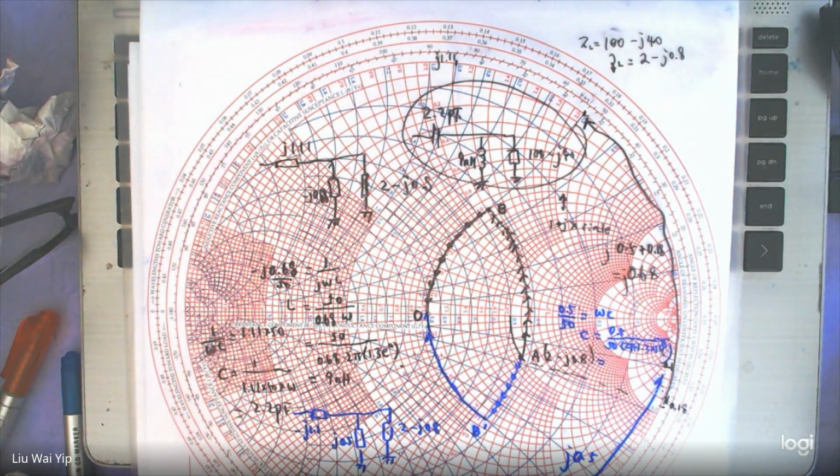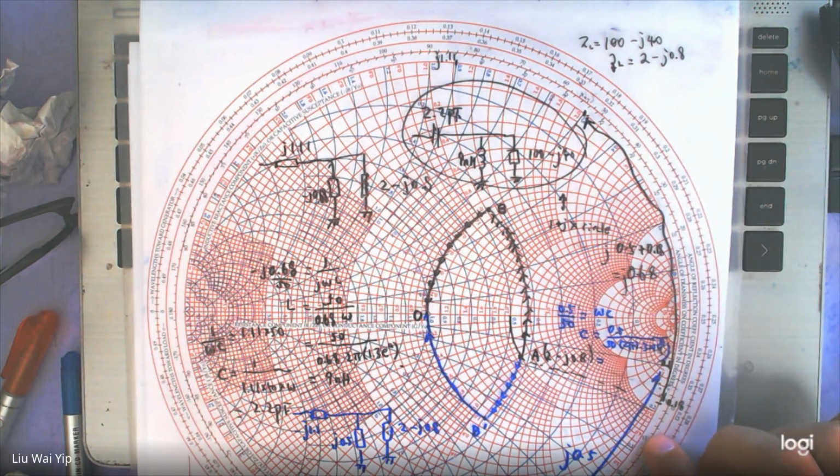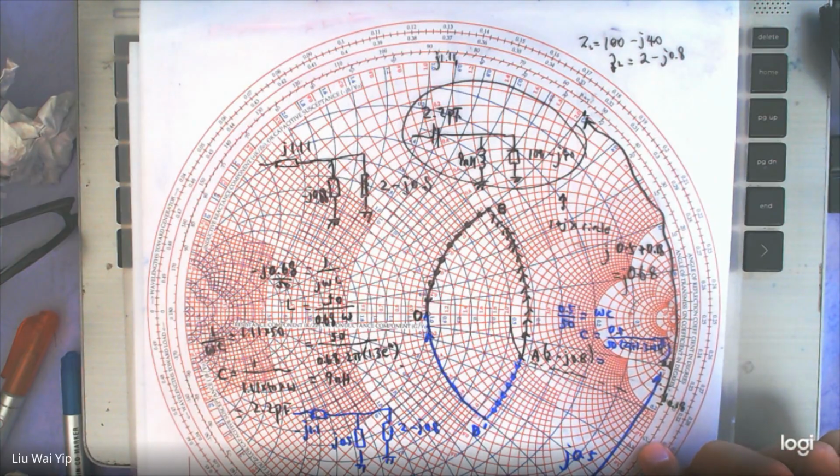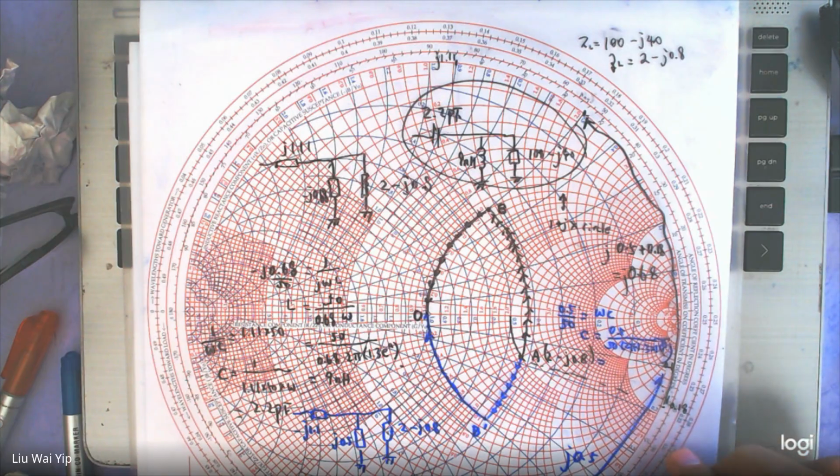So let me see, 0.6, and the point here is about 0.6.